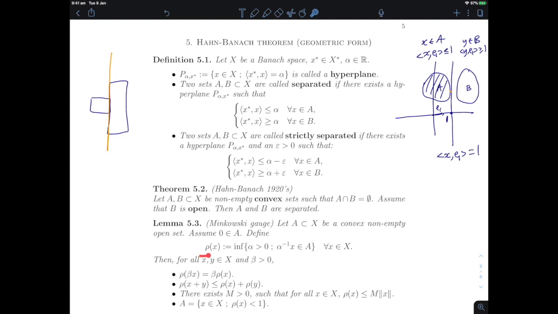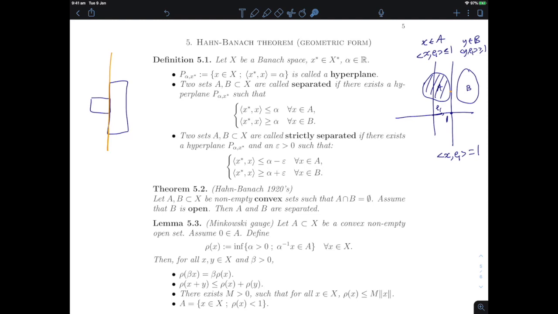You define rho of x, we call that the Minkowski gauge, to be the infimum of all those alpha such that 1 upon alpha times x is in A. Now you're going to find that this infimum cannot be 0 because 0 is in A, and A is open.